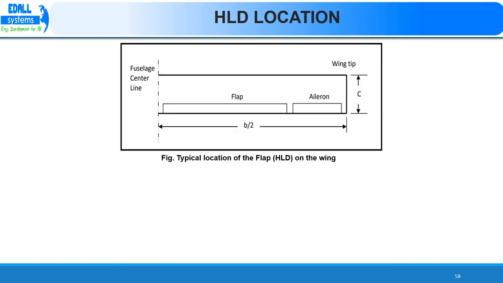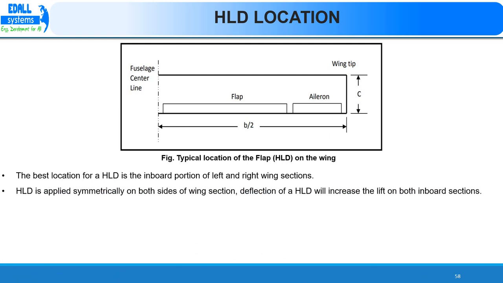The figure shows typical location of flap high-lift device on the wing. The best location for high-lift device is inboard portion of both the left and right wing sections. The high-lift device is applied symmetrically on both sides of the wing.